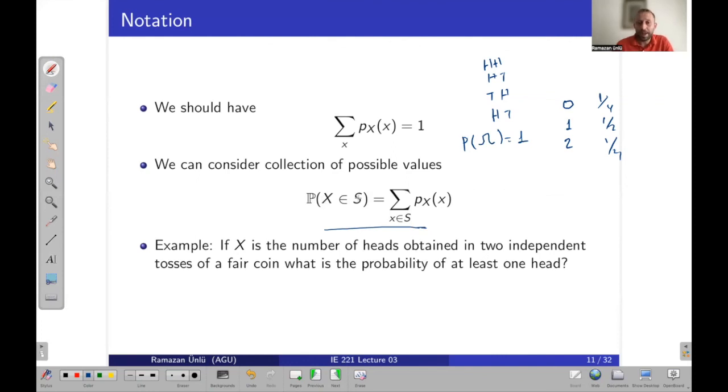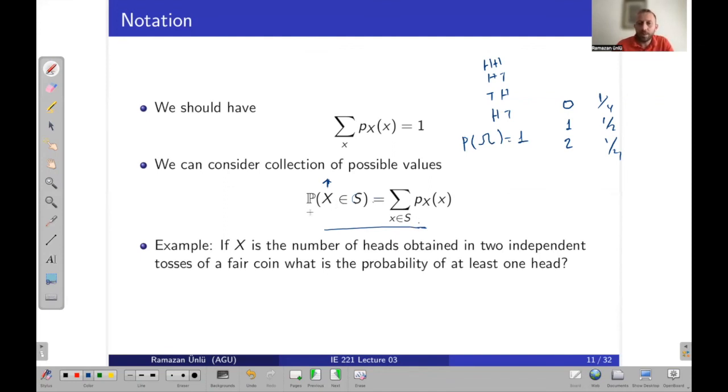Probability of x in S. So the x will take the values in one of the subsets. So which will be equal to any x which falls into this subset. I hope that's clear.